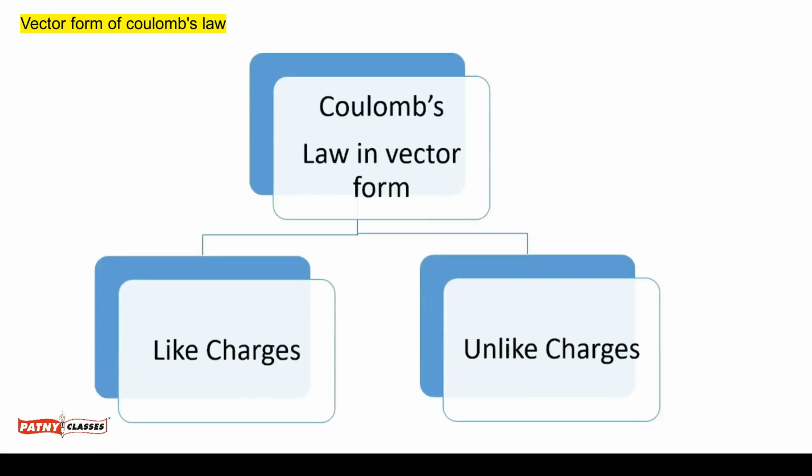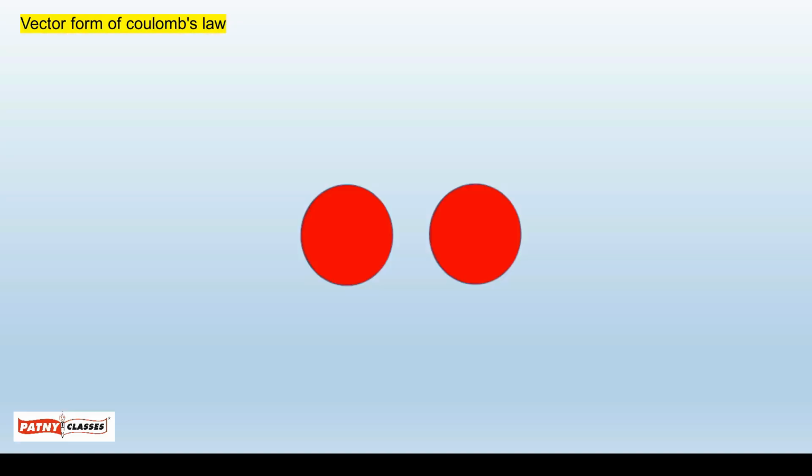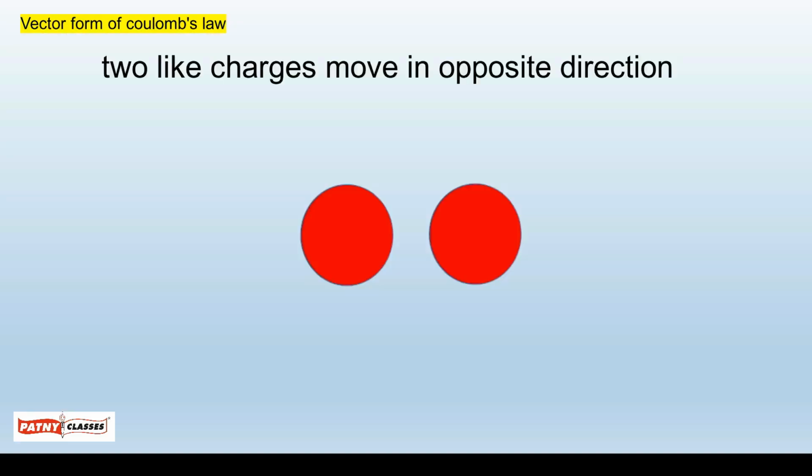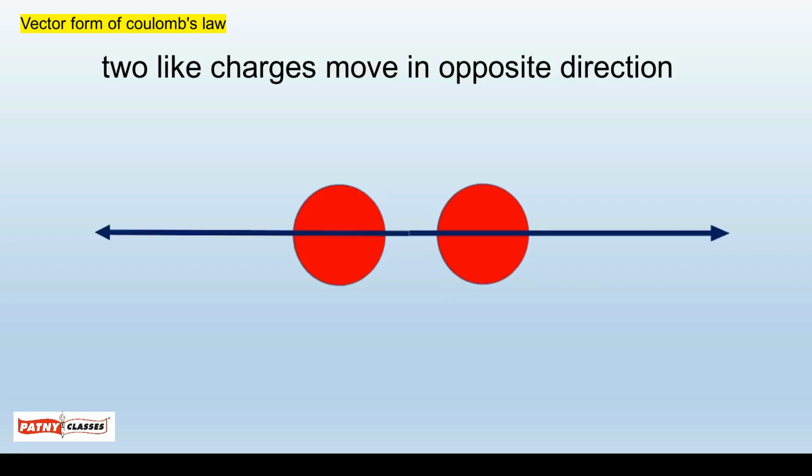Coulomb's law in vector form can be studied in two ways: one for like charges, another for unlike charges. Let us consider like charges. When two like charges are placed near one another, they repel each other and move in the opposite direction.